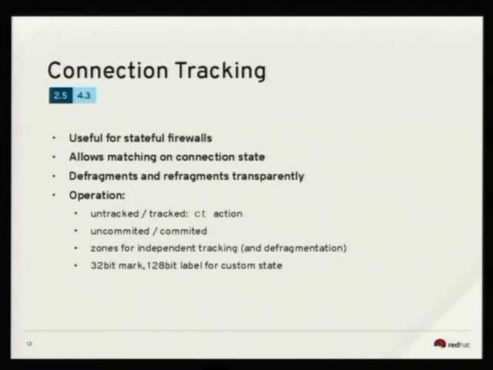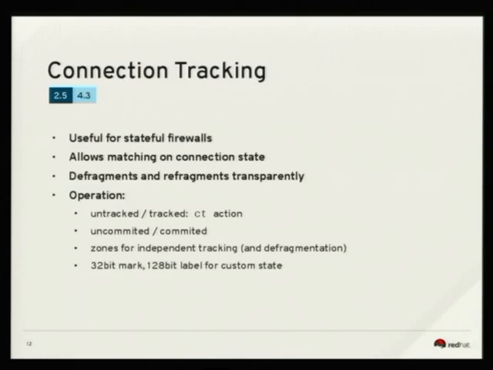There are different zones, because quite often you need to do defragmentation and connection tracking for different VMs or different tenants, so you cannot do that in the same space. You cannot really mix traffic from different tenants. They can have the same IP address, so you could mix up their fragments. This is something that cannot happen.